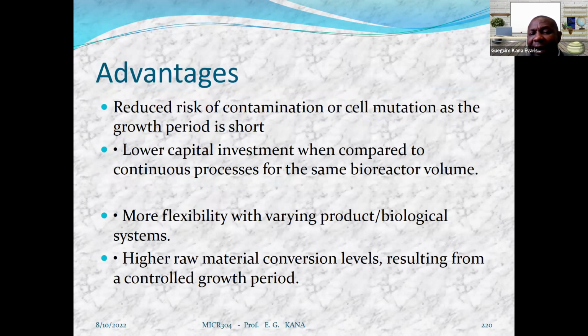One of the key advantages of the batch system is that it reduces contamination, right? It reduces contamination because you can easily sterilize all the equipment, the nutrients, the reactors, and so on. That is, you have the possibility of reducing the contamination.